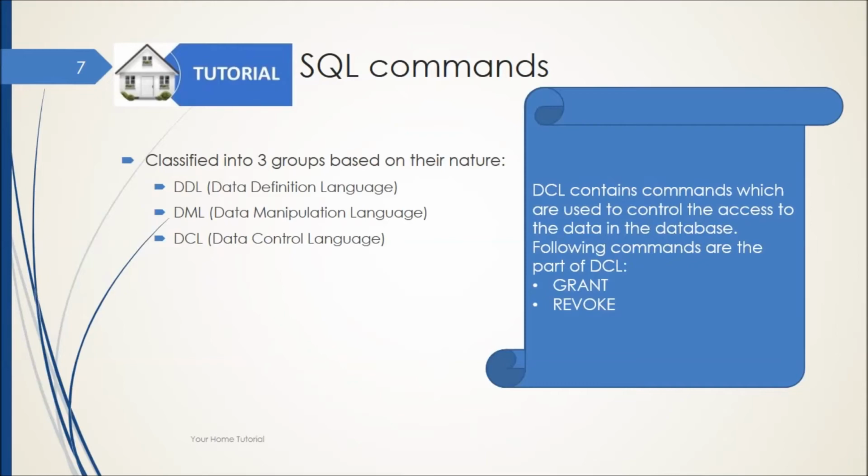This is all about DCL, and I'm going to tell you about grant, revoke and other commands of DCL later in my tutorial. For now, it is okay to understand that DCL is basically used to control access to the data in a database, for security purposes.